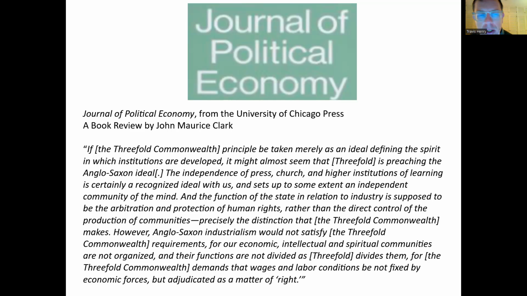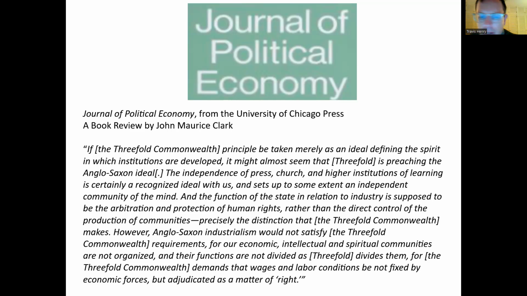But John Maurice Clark, in his book review, says, if the threefold commonwealth principle be taken merely as an ideal defining the spirit in which institutions are developed, it might almost seem that the threefold commonwealth is preaching the Anglo-Saxon ideal. So John Maurice Clark is speaking as an Anglo-Saxon.